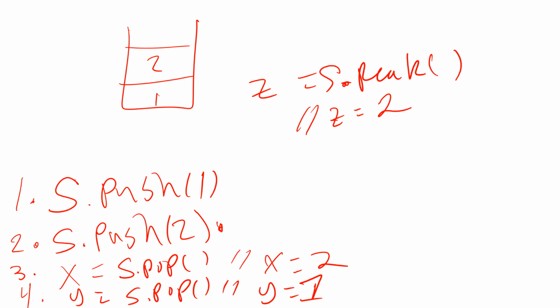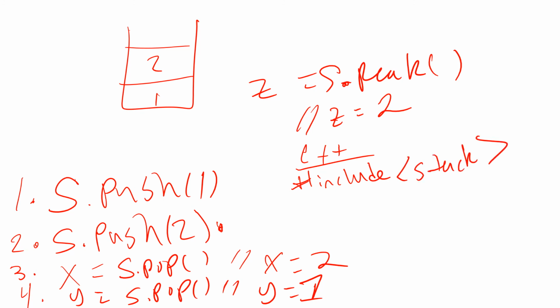Okay. So C++, just a good side note, C++ has a stack data structure. If you need to use stacks, you can, in C++, and a lot of other languages have them too. You can just #include them, and you'll get push and pop and top.